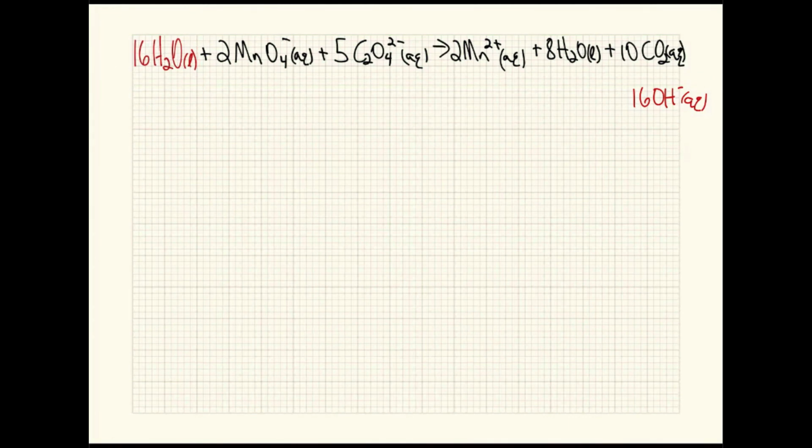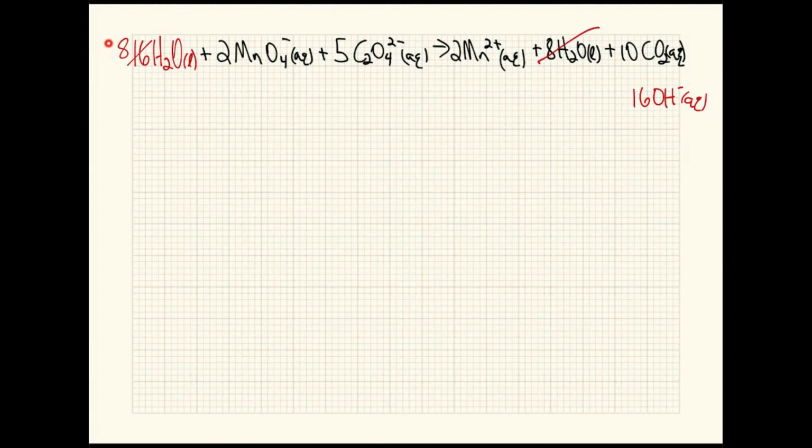And essentially, I'm finished at this point, except I can notice that there's just a bit of redundancy given the fact that there's 8 water molecules now on the product side and 16 on the reactant side. We can be a little bit more efficient here by canceling the 8 that are on the right with 8 of the total of 16 that are on the left. And this will give me my final balanced equation in basic solution.